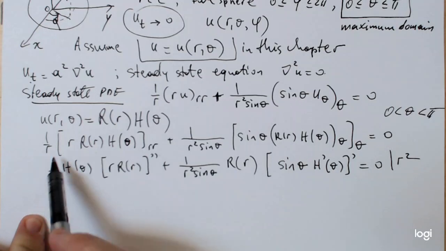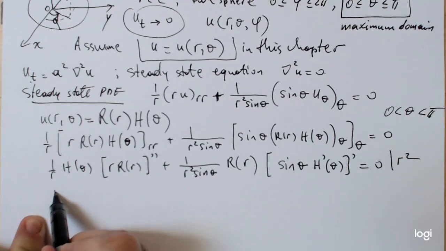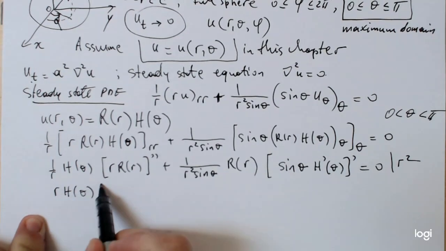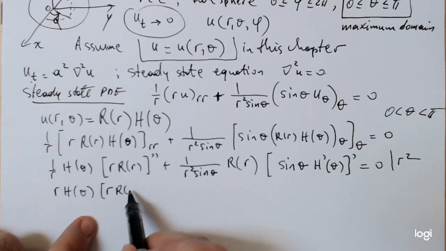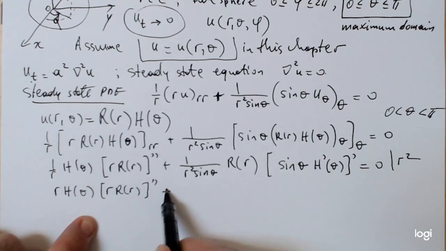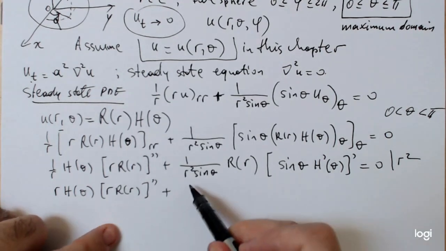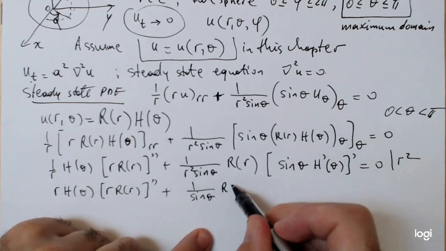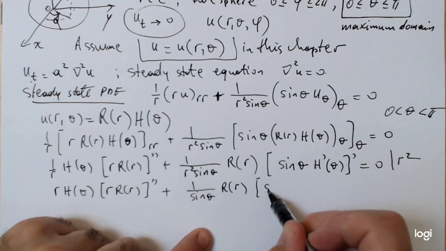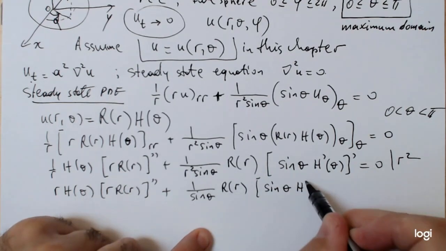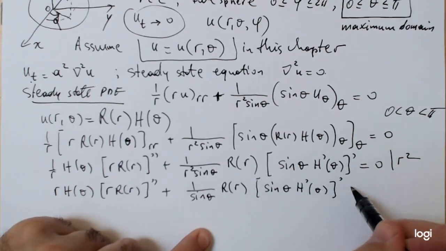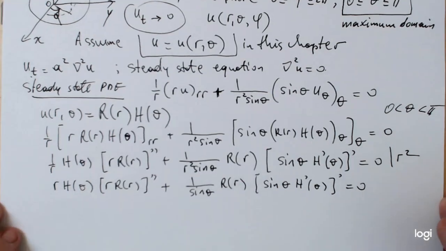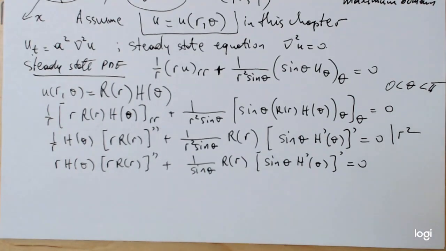So r squared times 1 over r becomes r h of theta, little r, big R, double prime, plus 1 over sine of theta, r squared cancels, and copy the rest. So the right hand side is still 0 because again it's a steady state problem, right?